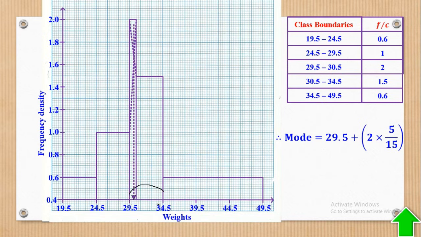When you subtract, this is 34.5 minus 29.5, which is 5. And from here to here, how many small squares are there? From here to here is 5, from here to here is 10 now, from here to here is now 15. That is why you see 15 there. So when you use a calculator, you'll be able to come up with the mode that you want.